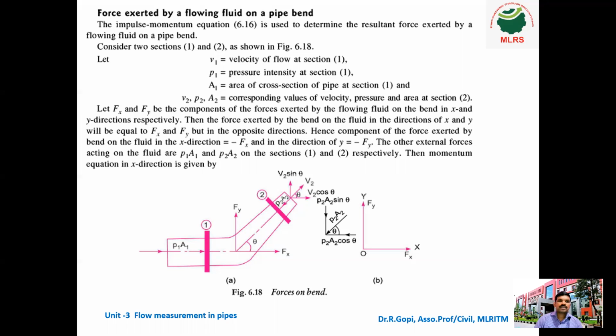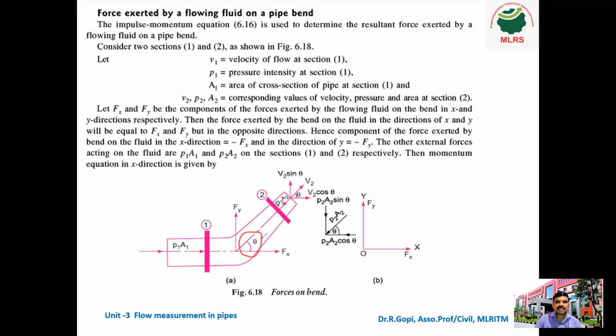You can see here, initially there is a straight pipe. After that, the pipe is turned through some angle, that angle is theta.